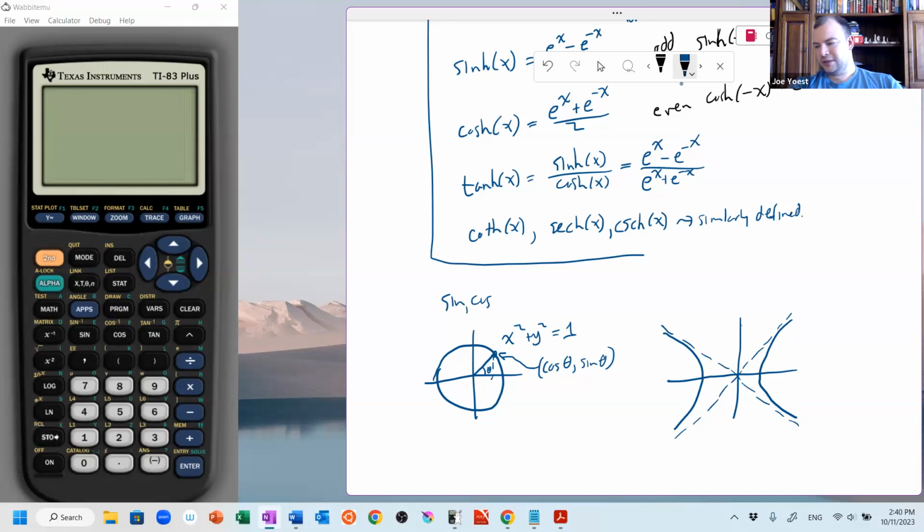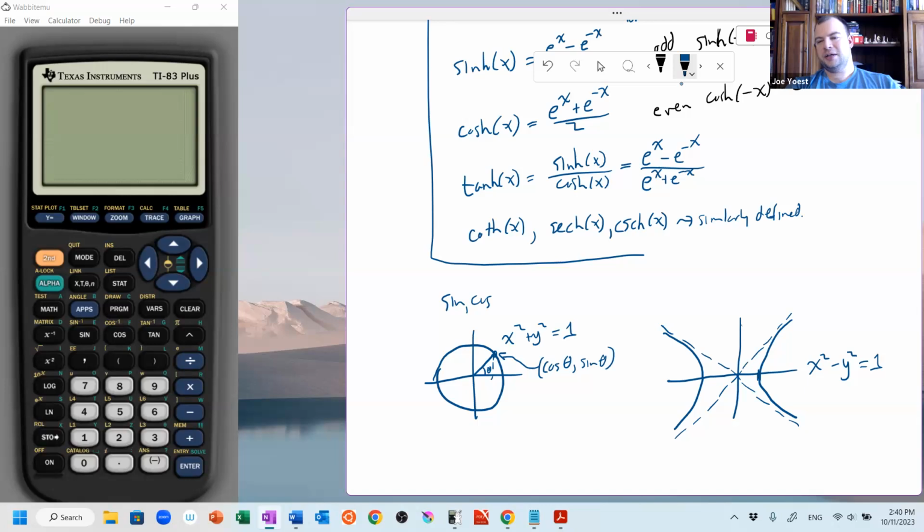So what if I looked at x squared minus y squared equals 1 instead of x squared plus y squared equals 1? So I see that when y is 0, I get x squared equals 1, I get solutions. When x is 0, I get negative y squared equals 1, I get no real solutions. So that tells me the hyperbola is opening left and right.